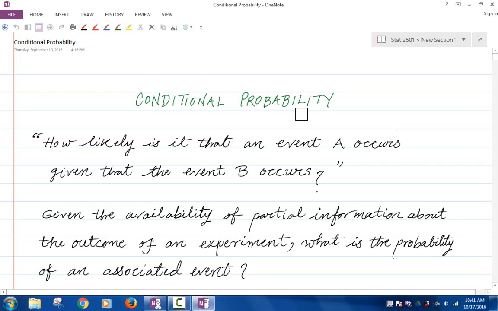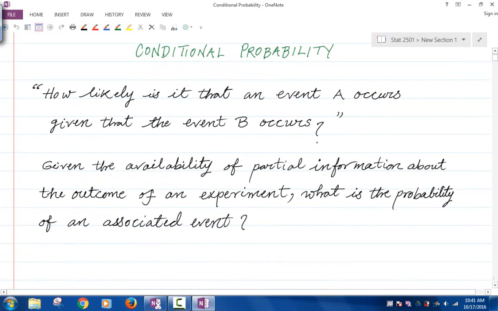Often it is desirable to ask the following question: how likely is it that an event A occurs given that the event B occurs?